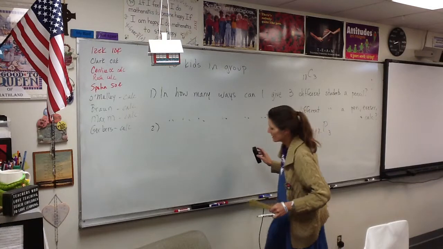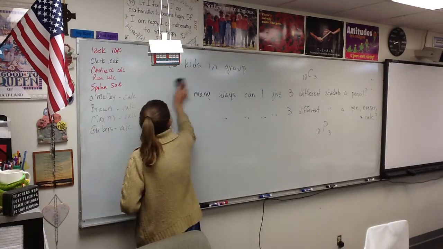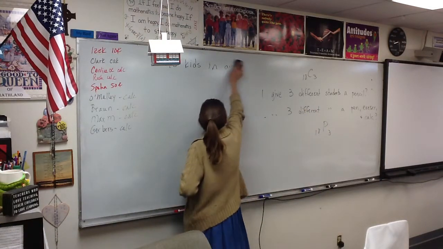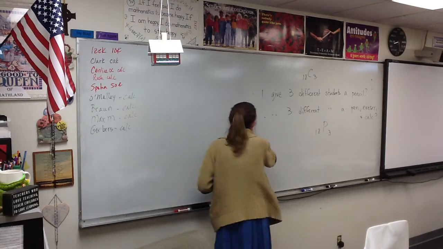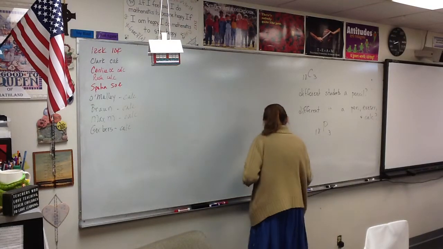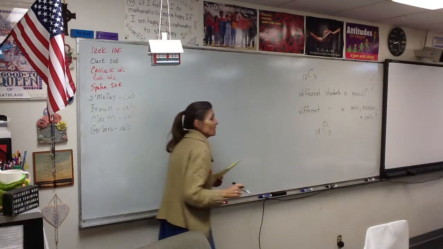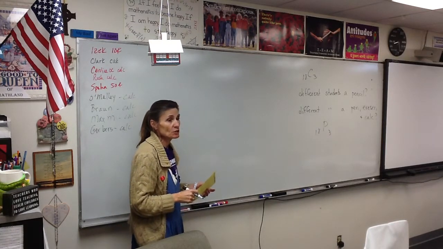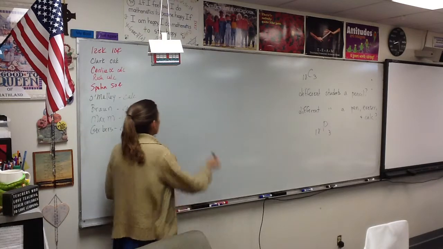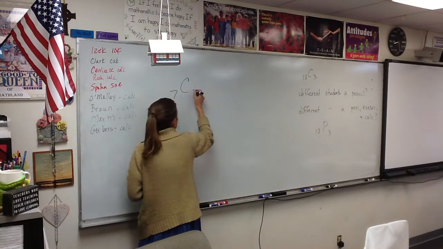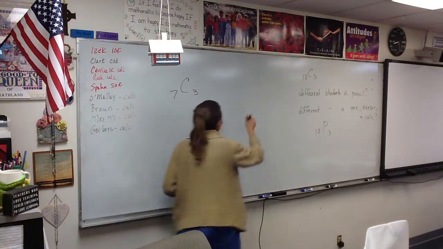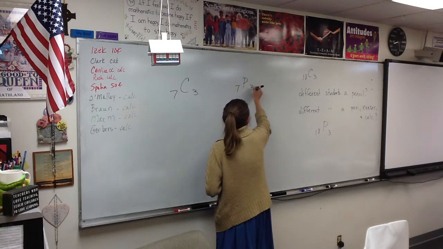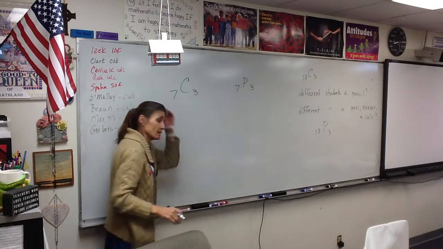Now, in the good old days, there weren't calculators. And sometimes even now, we have to be able to evaluate combinations and permutations without the calculator. So we are going to talk about how we might do 7C3 and 7P3 without a calculator.